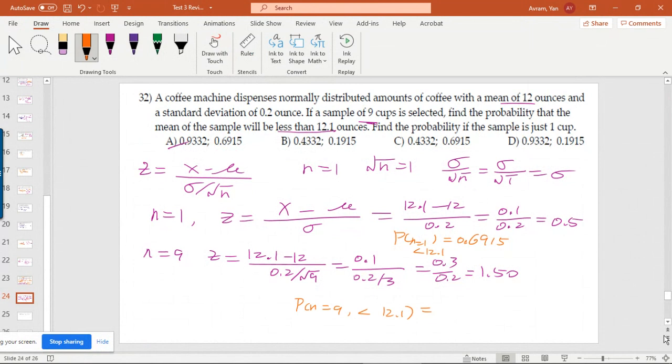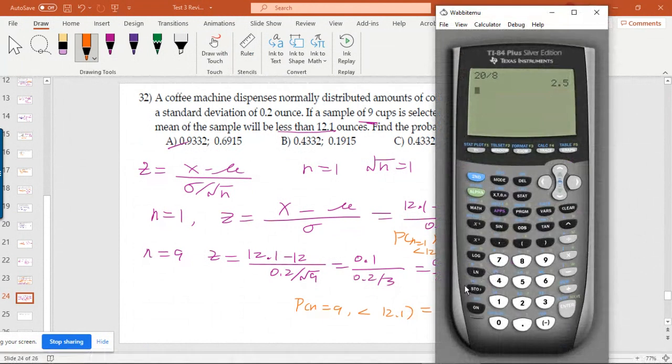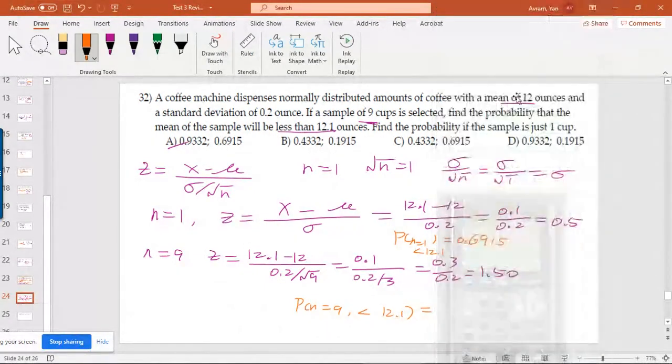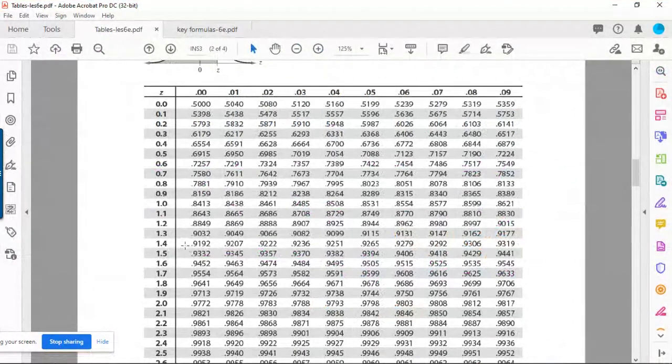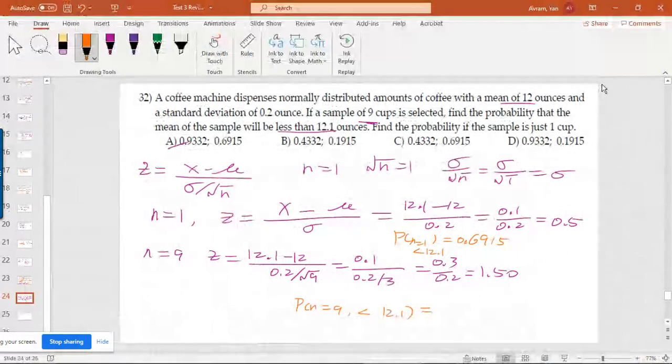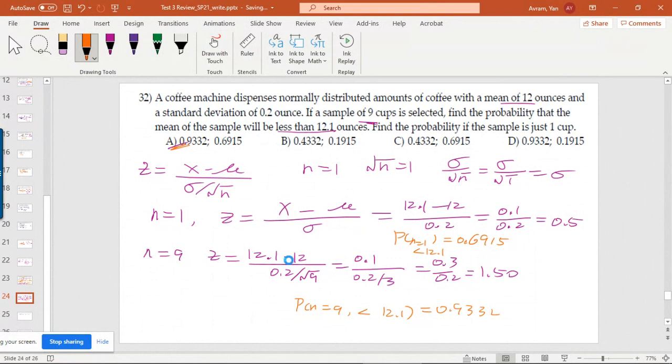You just need to read the table because less than is the area to the left. And 1.50 is 0.9332. Okay, that's why you got this answer. All right, so that is how you do this type of question.